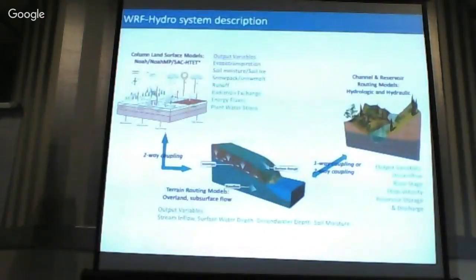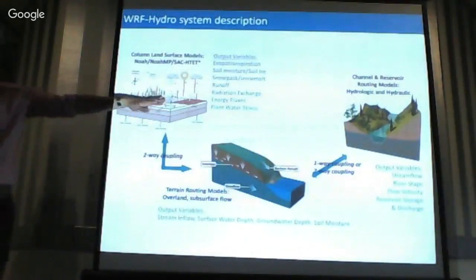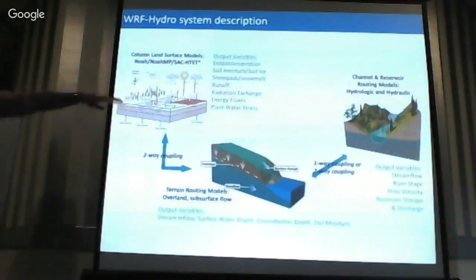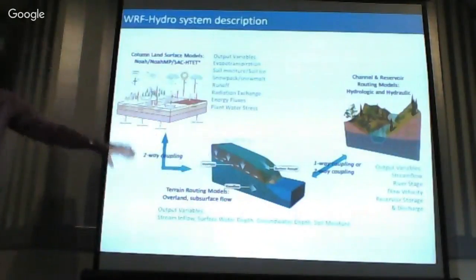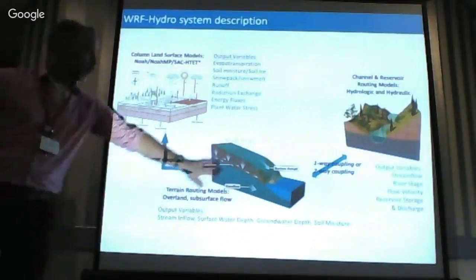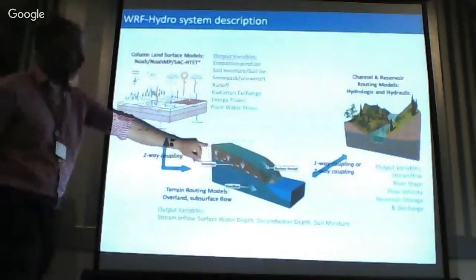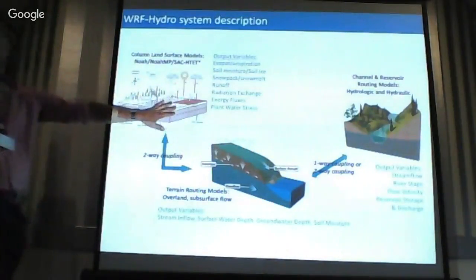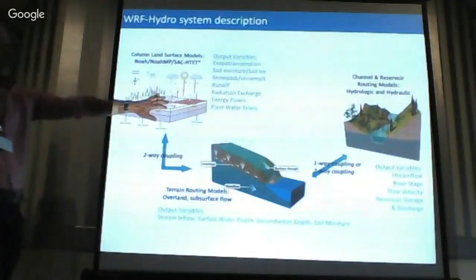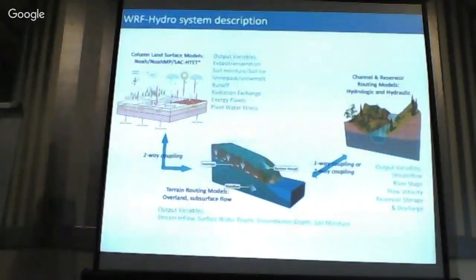But basically the system is configured like this. We have traditional components of land surface column models, which handle the vertical process physics, canopy processes, snowpack processes where they're relevant, and soil column processes. And then there's a two-way coupling across a multi-grid framework to go from the vertical processes to the horizontal routing processes. Oftentimes, when we're running in a fully coupled mode, the column land surface hydrology is run at the same scale as the atmospheric model, and then the terrain routing processes are run at a much higher resolution.